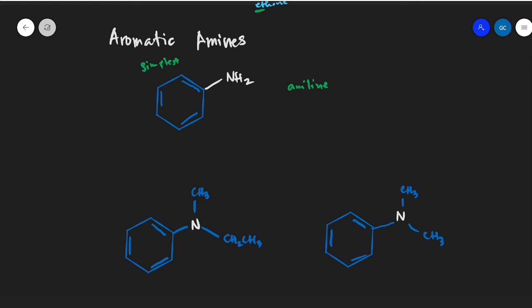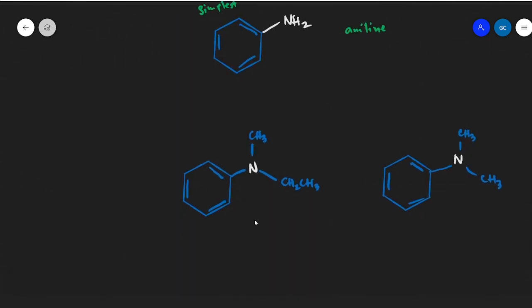For the naming of other aromatic amines, for example if you have other R groups attached to the nitrogen of your aromatic amine, you will just follow the same concept we did earlier. You will still be using the N if you have other R groups attached to your ammonia.